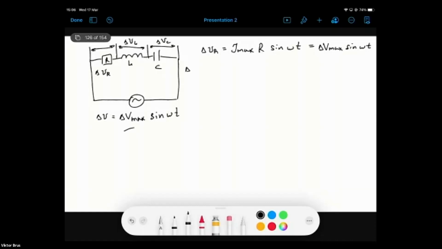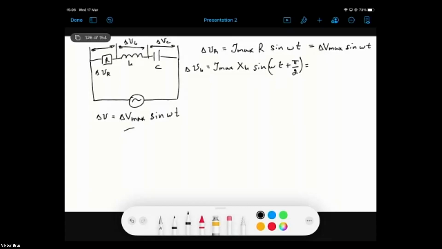Then delta VL is equal to I maximum times XL, inductive reactance, times sinus omega t plus pi over 2, because we have phase shift between current and voltage.